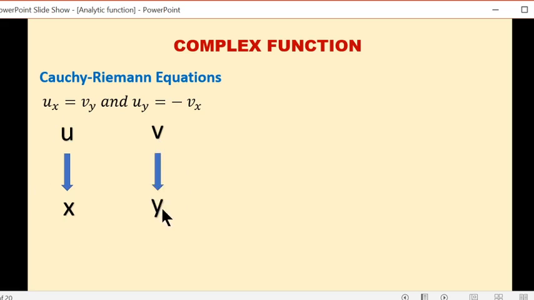The derivative of v with respect to y is vy. Then they have to be equal. The derivative of u with respect to x, straight to the derivative of v with respect to y, so these two have to be the same.